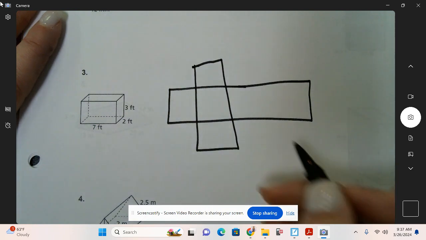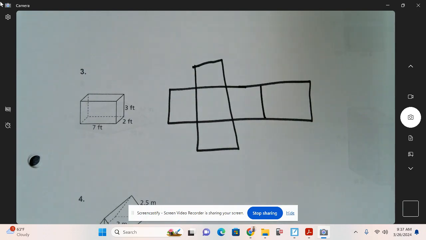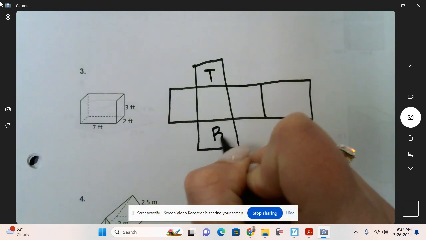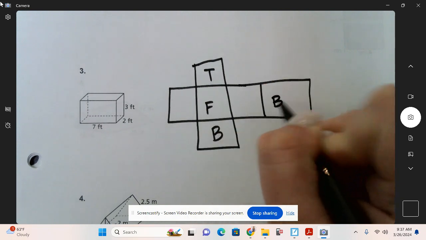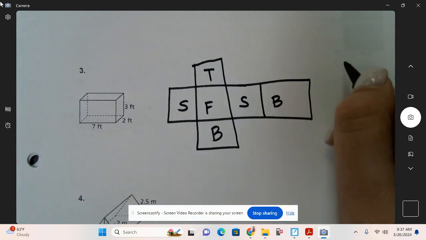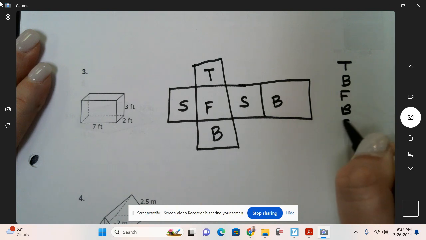And then I have to add another line, so I have them all. Then I have top, bottom, front, back, side, side. And I'm going to go ahead and make my list over here so I don't forget top, bottom, front, back, side, side.